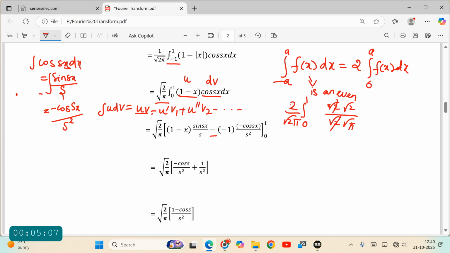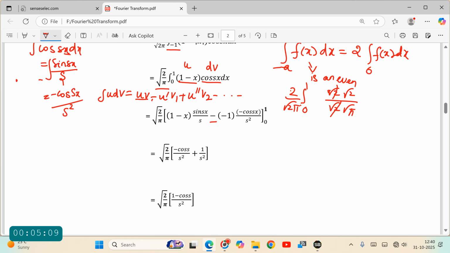First write the upper limit. If you substitute the upper limit 1 here, then 1 minus 1 is 0, and 0 into anything is 0. So for the upper limit, the first term tends to 0. What about the lower limit? The lower limit is 0. On the lower limit, if you substitute x equal to 0, then there is sin 0, and sin 0 value is 0.